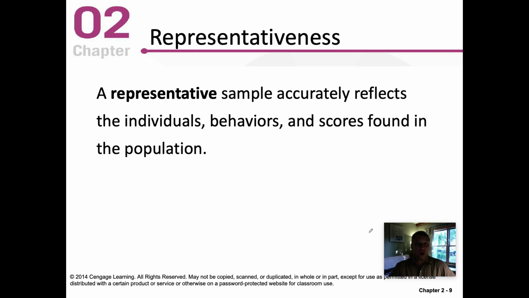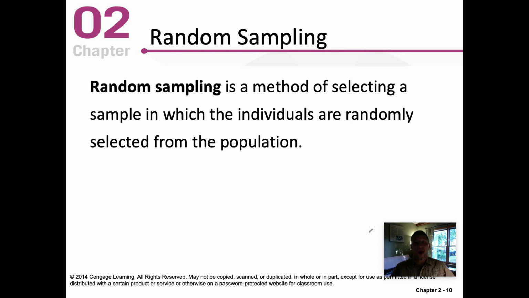Those media companies called people in their local areas, and for good or for bad, urban areas tend to vote more Democratic than the rest of the country, and so that's why they got it wrong. They didn't ask a representative sample. They asked a sample that was skewed toward Democratic voters. And that's why all the polls were wrong on that day.